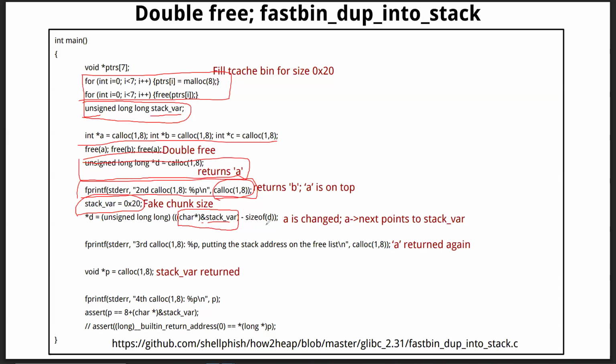So the next field of A is overwritten. So it will be -8.